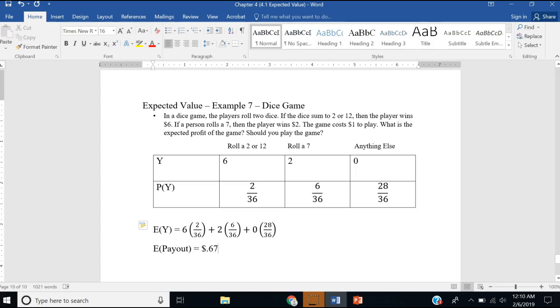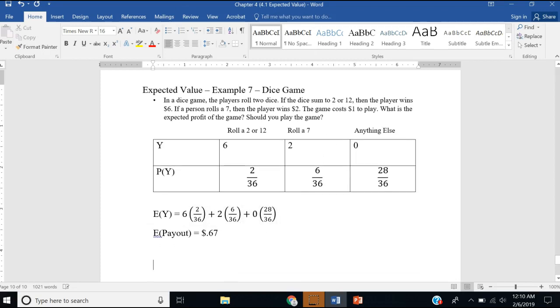Now think about this. If the game costs $1 to play, how much profit is there? The expected profit, we haven't done this in a minute, is 1 minus 0.67. So the expected profit is actually 33 cents. Now, when I say expected profit, we're talking about the expected profit for the casino, not for the person playing.